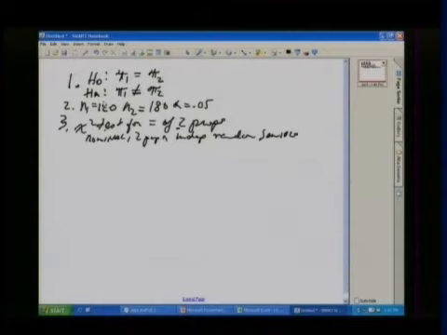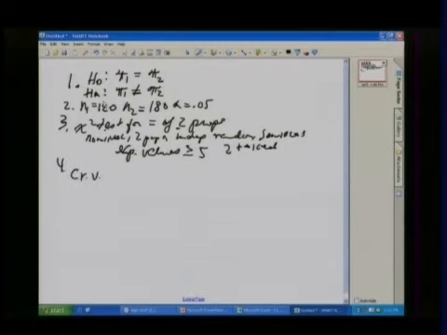All of my expected values, remember for this kind of test, have to be greater than or equal to 5 in order to make this a valid test. It is a two-tailed test, which is good because remember, if it was a one-tailed test, I would have to use z proportion. So it's two-tailed.